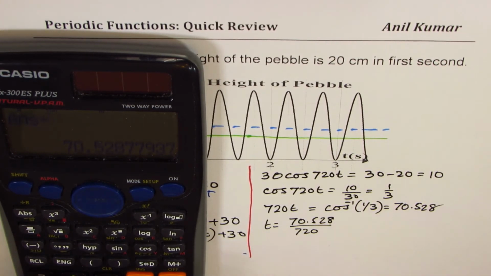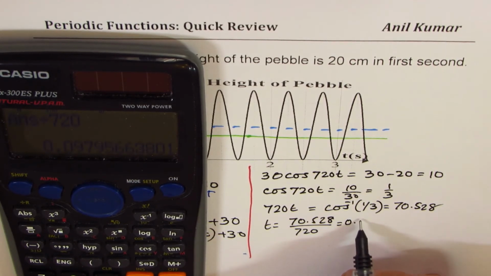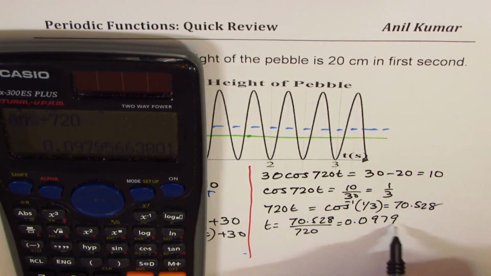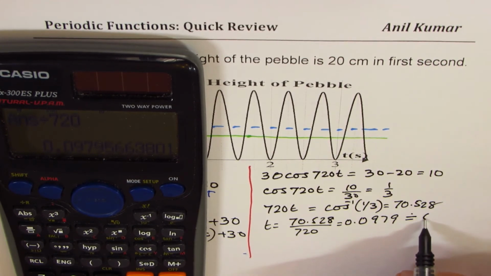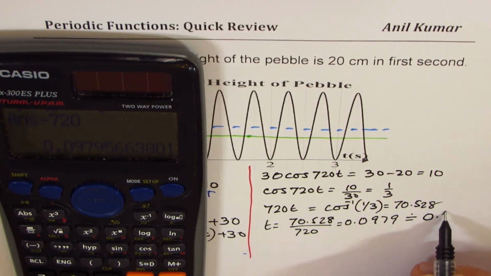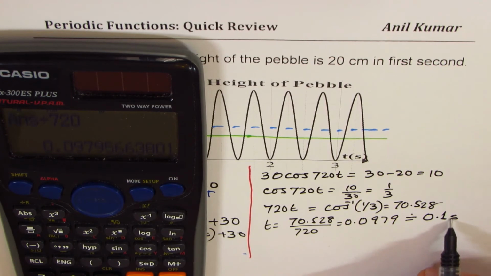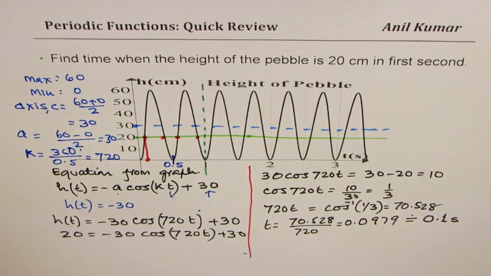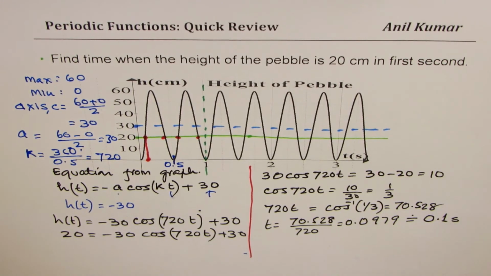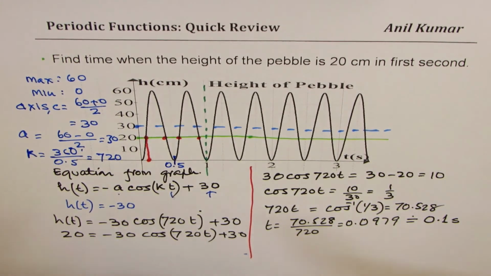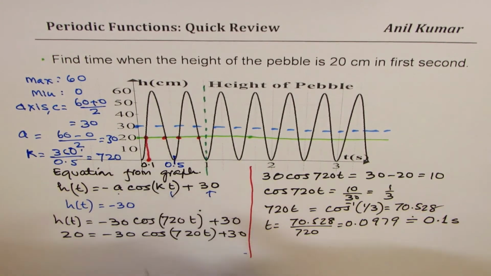So let's divide this by 720. We get 0.0979. Okay, so I'm approximating this to 0.1. Is it okay? So 0.1 second is what I have approximated. That helps. The idea is to understand the concept. So we are saying this is 0.1.